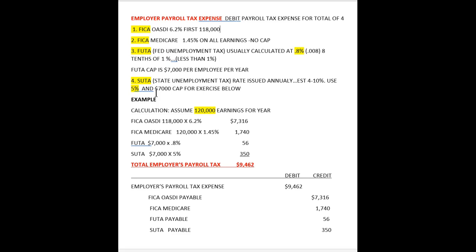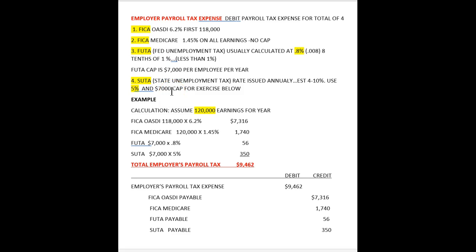But at any rate, we will use the cap of $7,000 annual, so that for both federal and state, once an individual employee hits that $7,000 in cumulative earnings during the year, the employer is exempt thereafter.